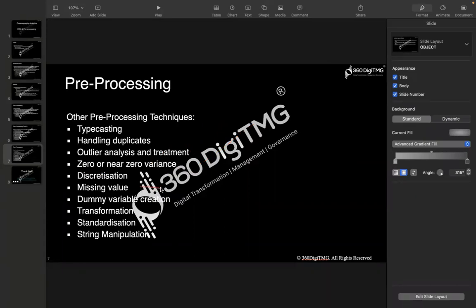Then we have missing values. How can someone find the missing values?